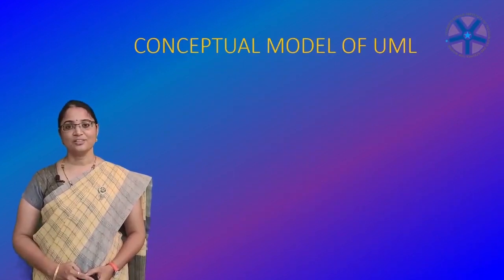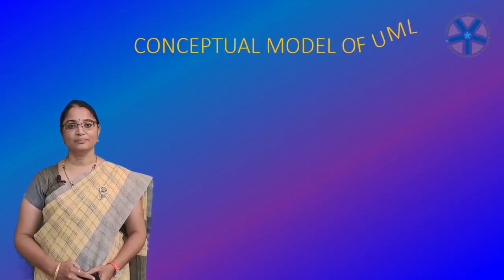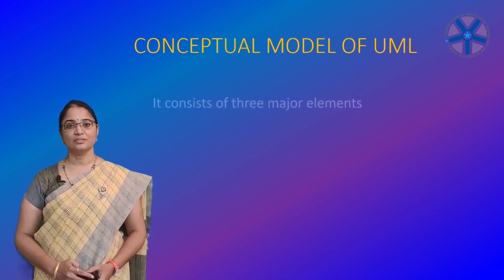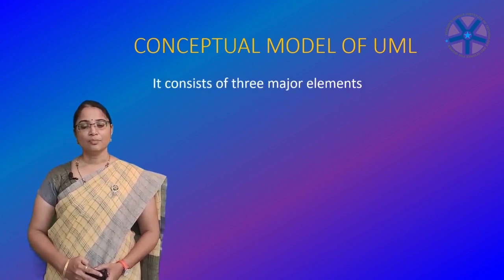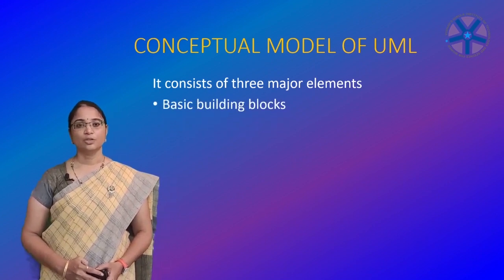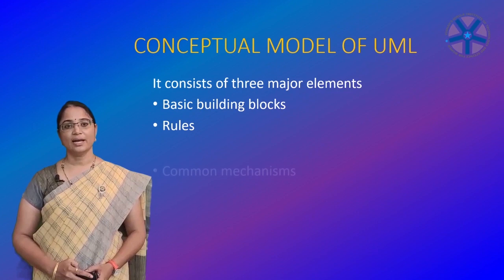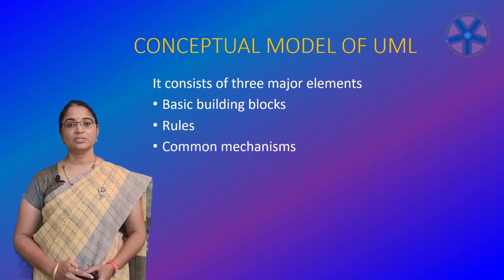Coming to the next topic, the conceptual model of the UML. To understand the UML, you need to form a conceptual model of the language, and this requires learning three elements: the UML's basic building blocks, the rules that dictate how these building blocks may be put together, and some common mechanisms that apply throughout the UML.